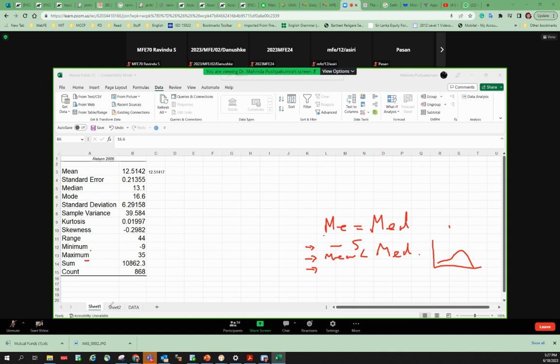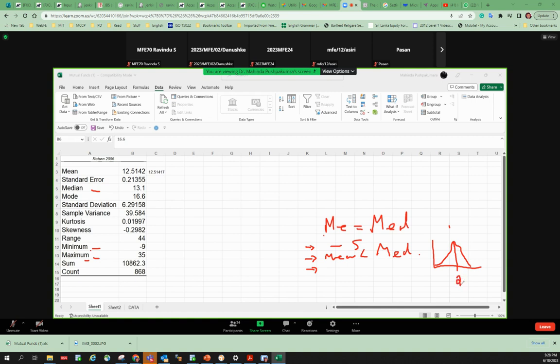Then if you compare minimum, maximum and median, you can prove that distribution is left skewed. How to prove? Now this is, let's say, median.